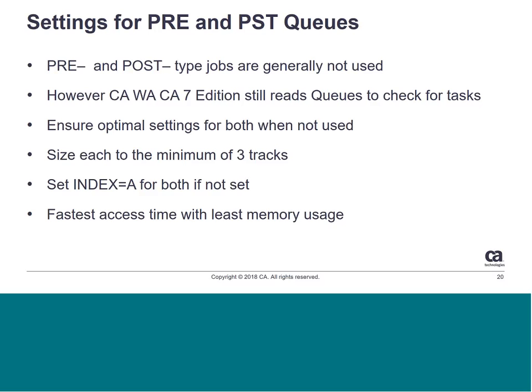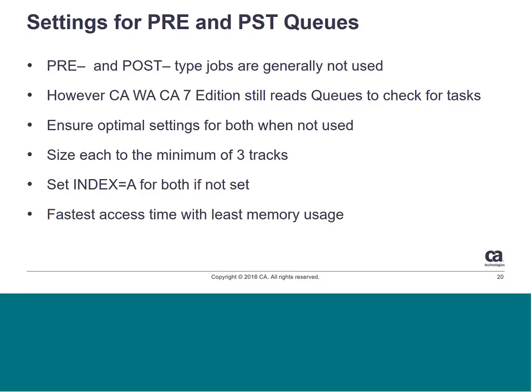And in the previous example, the index setting was Y, which says we only index the entries, not everything. We don't keep everything in memory. We only keep the index in memory. Set it to index equals A, which means everything in those queues will be kept in memory. Now, that will give you the fastest access time by having it in memory.